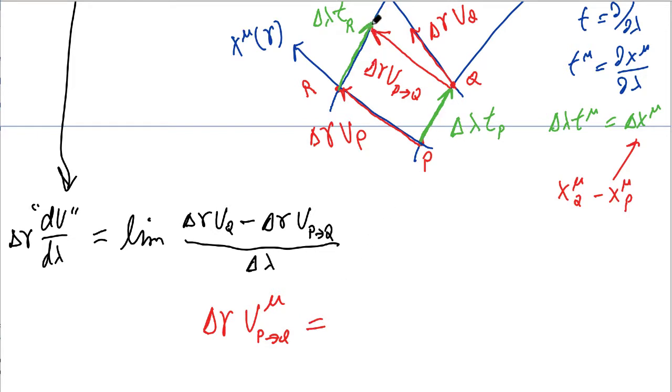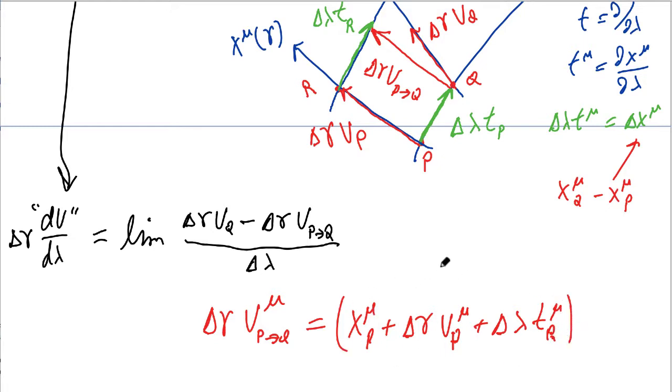That's equal to the coordinates here. So what are the coordinates here? Well, we start with the coordinates at point P, and the coordinates at point R are just obtained by adding the change in the coordinates, which is the components of this displacement vector, delta gamma v_p^mu. And then we also add the change in coordinates defined by this displacement vector, delta lambda t_r^mu.